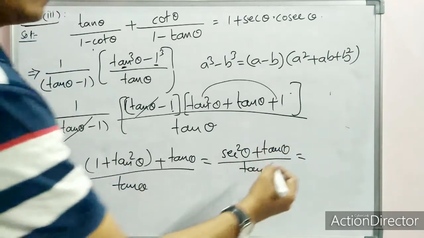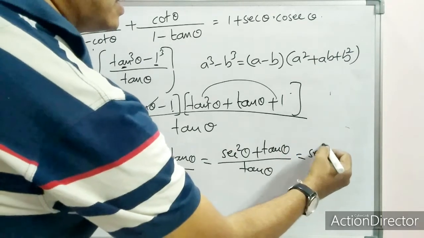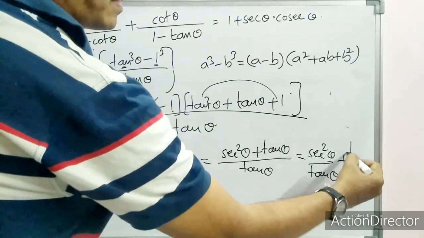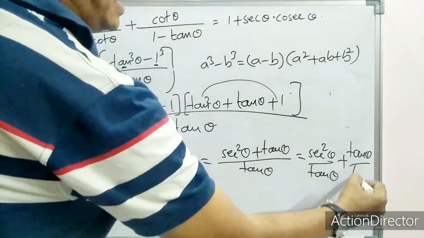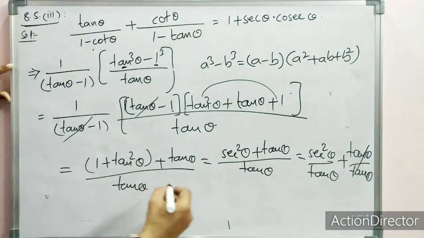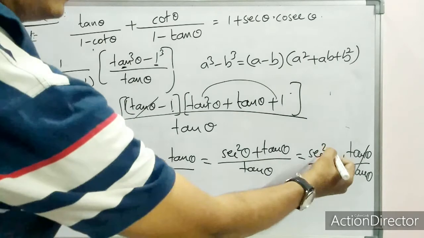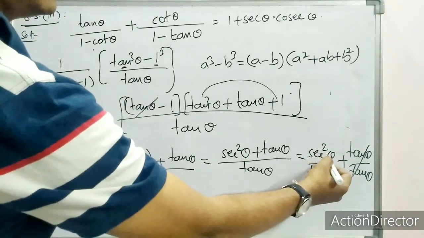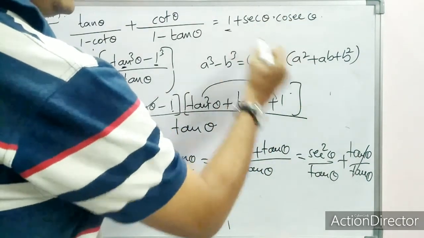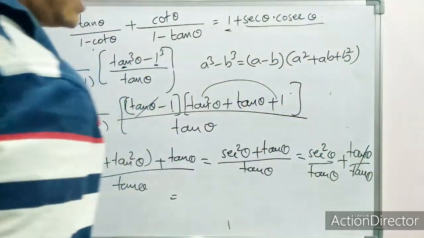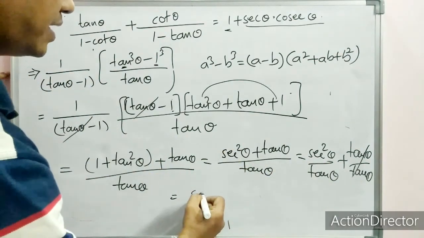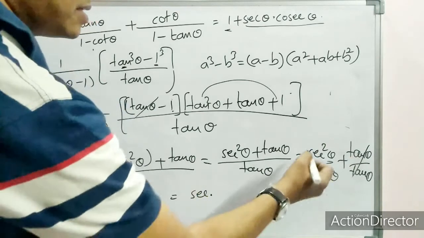Now just divide it, write down secant square theta by tan theta plus tan theta by tan theta. So this will be cancelled, we'll get 1, and here we have secant theta, and check the answer once. We got 1 here and remaining secant and cosec. So 1 secant is required there, 1 secant, and remaining is 1 secant.